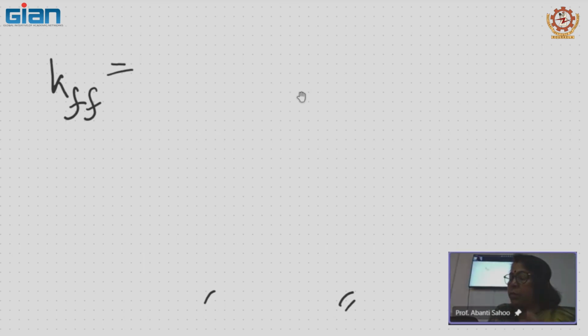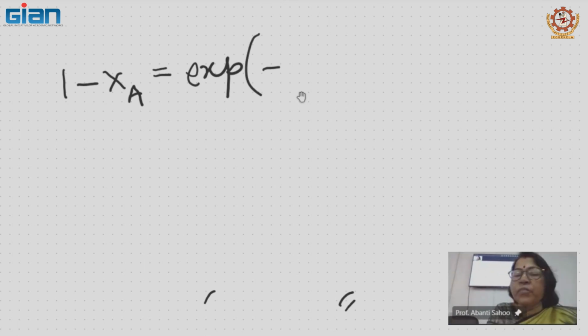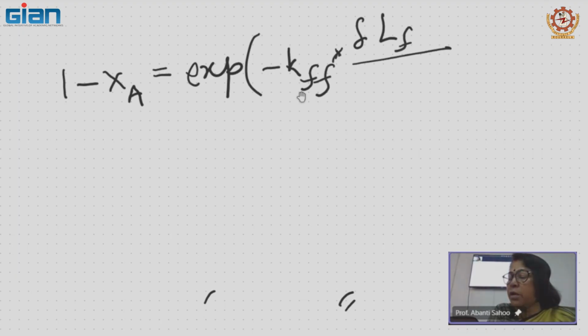Instead of writing 1 minus x, we can write 1 minus x a, that is, how much gas remains from that constant fraction: 1 minus x a is exponential minus KFF into delta Lf divided by u0.